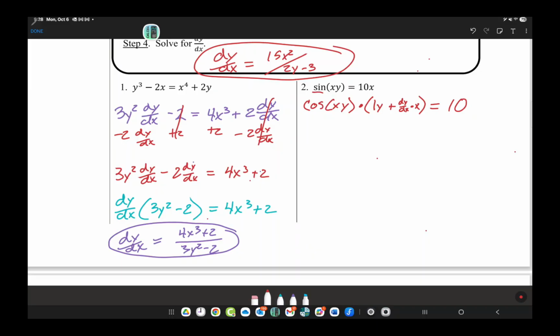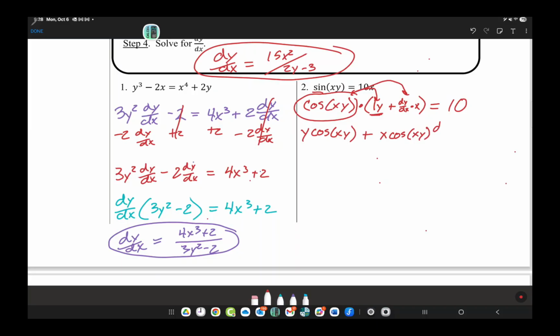So now we will have to distribute because we need to get the dy dx by itself. So we will have to distribute the cosine xy through. So we are going to get y cosine xy plus, distribute this times that, plus x cosine xy.